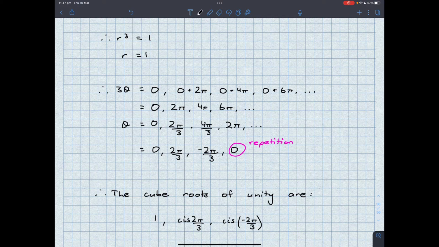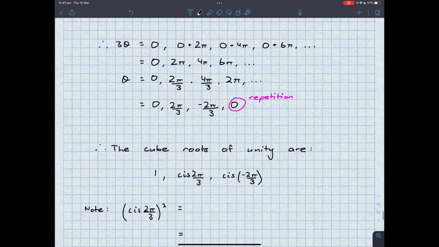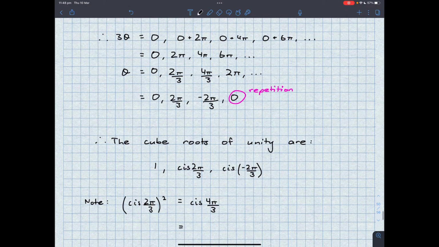So the cool thing that happens with the cube roots of unity is that if I take one of these roots and I square it, then I know using de Moivre's theorem that means I'll get 1 squared cis 2 times that angle, so 4 pi on 3.